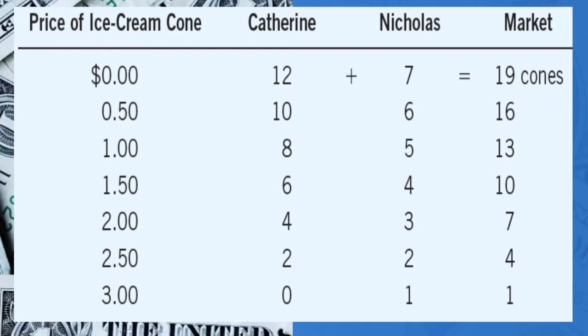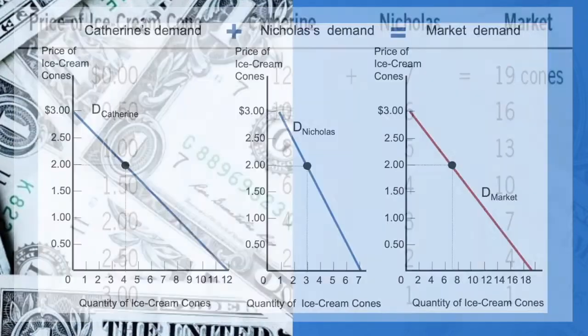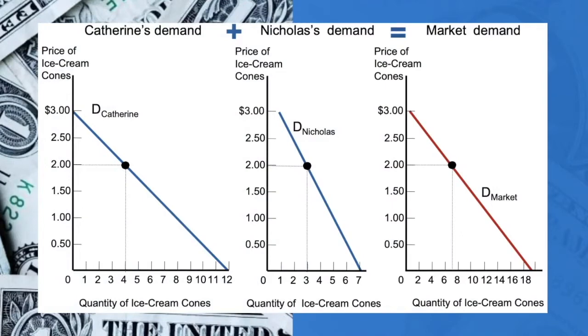Another way we could have figured out market demand from individuals' demands is to do it with the curves. So here we have Catherine's demand curve and Nicholas's demand curve. Remember, they're the only 2 participants in this market, and all we have to do is add these curves together.